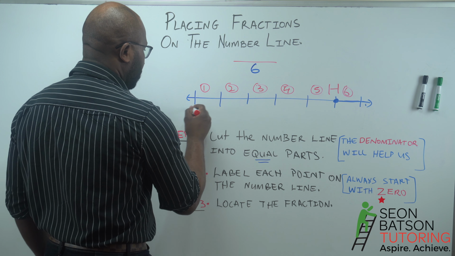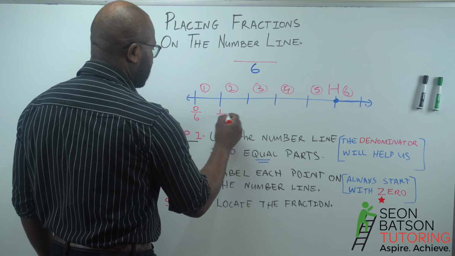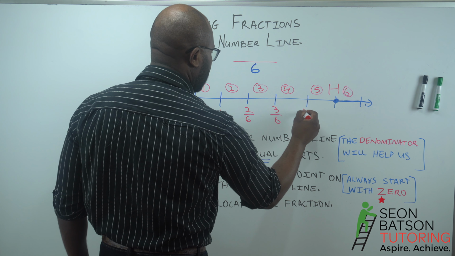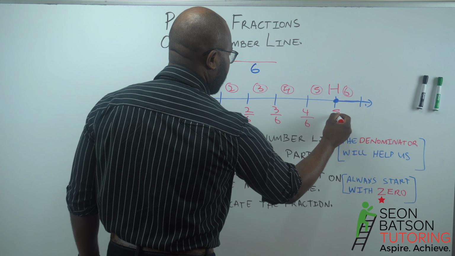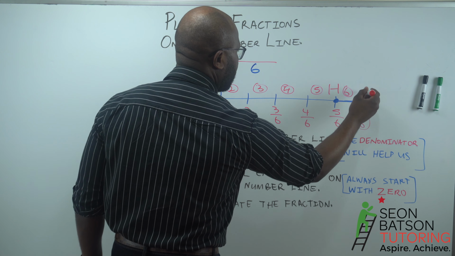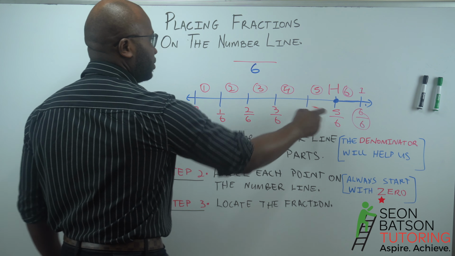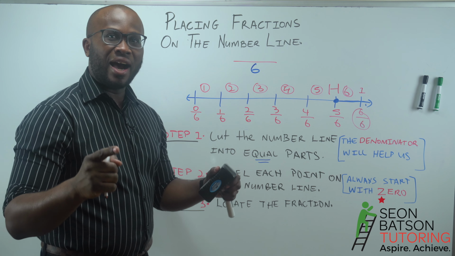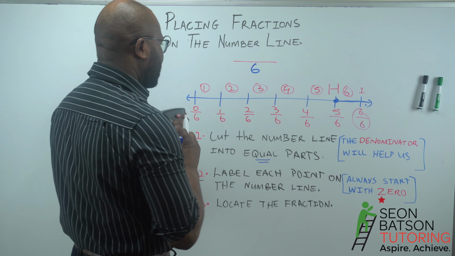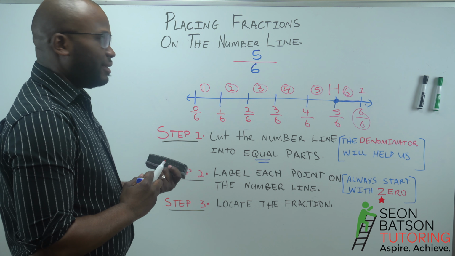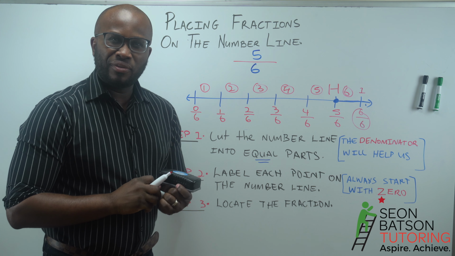So we start with 0 over 6, 1 over 6, 2 over 6, 3 over 6, 4 over 6, 5 over 6, 6 over 6. And right here is our whole. Now, do you see where point H is located? We're at 5. So the fraction is 5 out of 6. Did you get 5 out of 6?